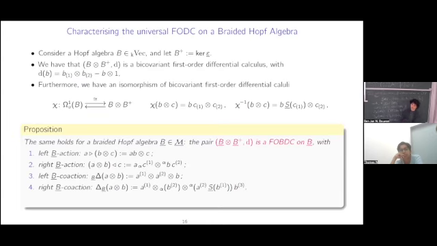And moreover, we have something a little bit different at the level of the right B coaction. That is the last formula that you can see displayed here, that I'm going to comment on very shortly now. Moreover, we also have that the map chi above is an isomorphism inside the category of first-order braided differential calculi over a Hopf algebra.